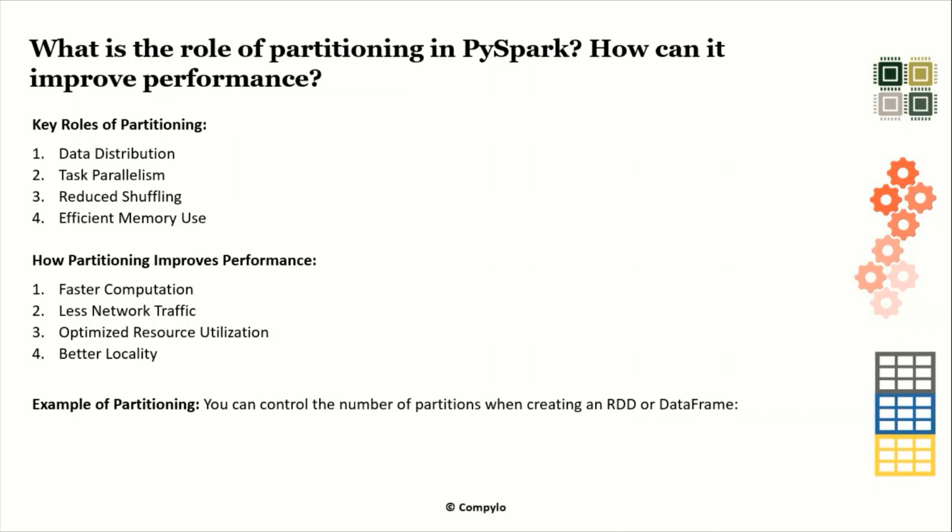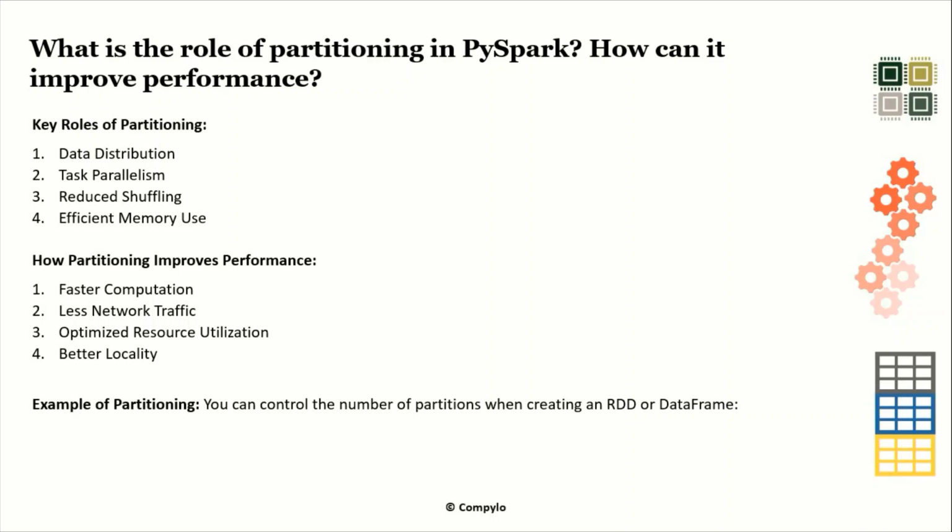And the last point is efficient memory use. Well-partitioned data can help avoid memory issues. If a single partition is too large, it can lead to memory overflow errors. Proper partitioning can ensure that no single partition becomes a bottleneck.